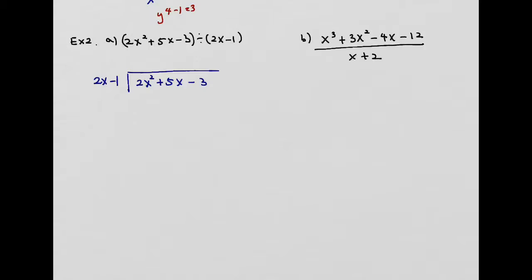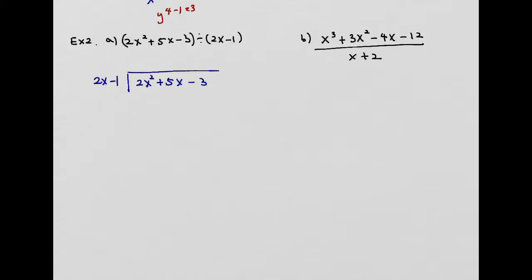There are 2 rules you need to remember when doing long division. The first one is it has to be in descending order, so larger exponents to the smaller exponents. And second, if you have any missing terms, you replace them with a placeholder.